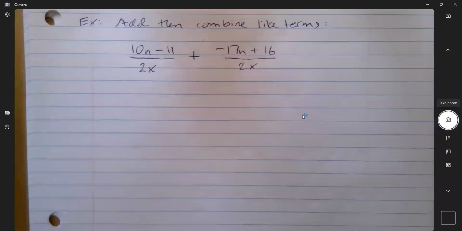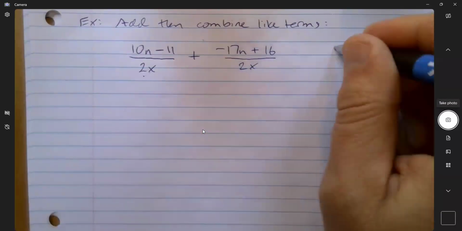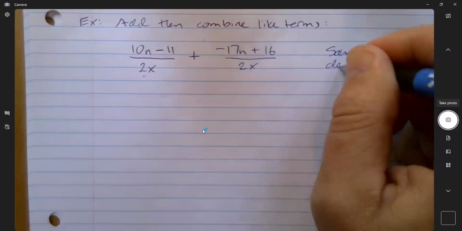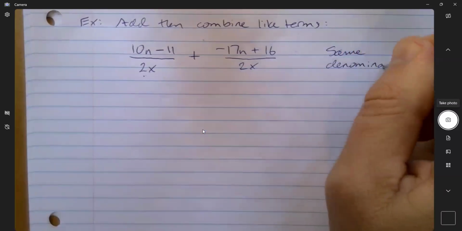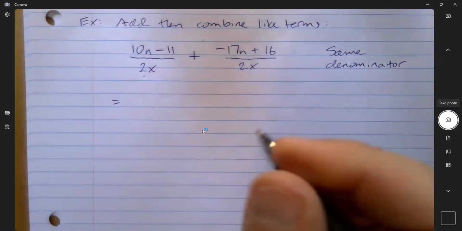Whenever you add fractions, you ask, do they have the same denominator? And since they do, I can just add the numerators over a shared denominator.